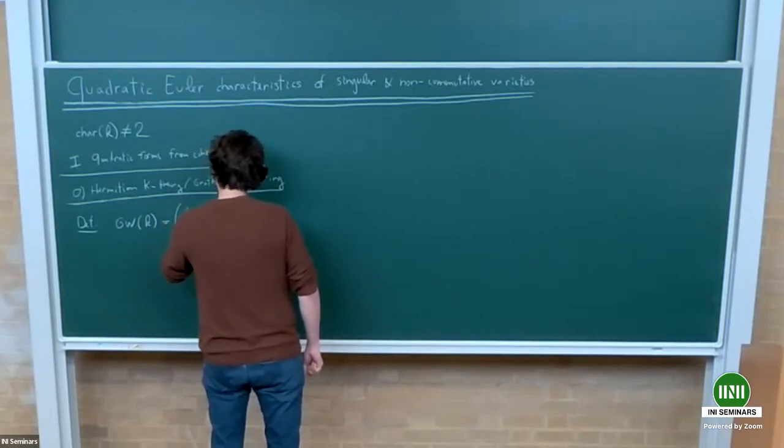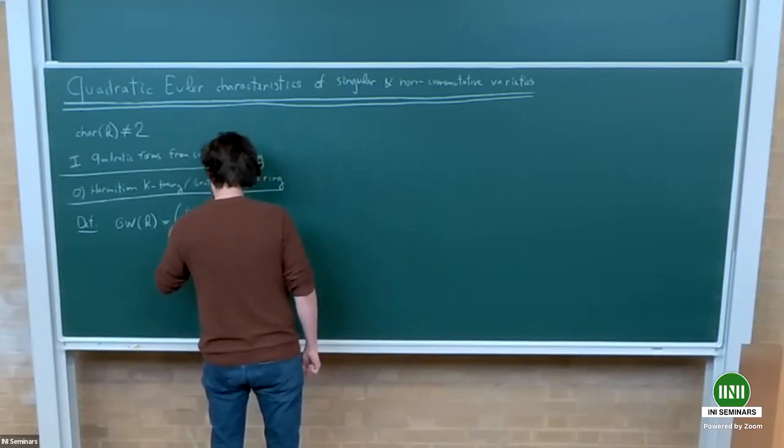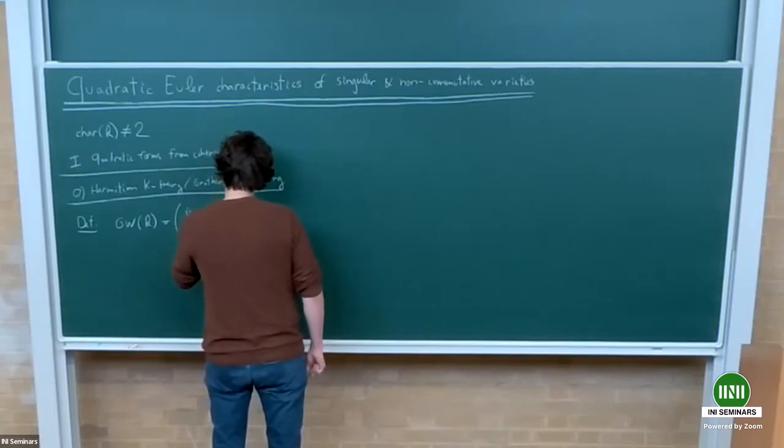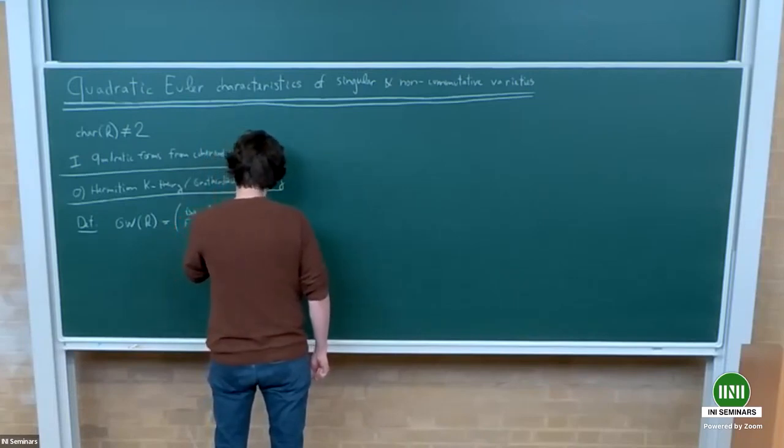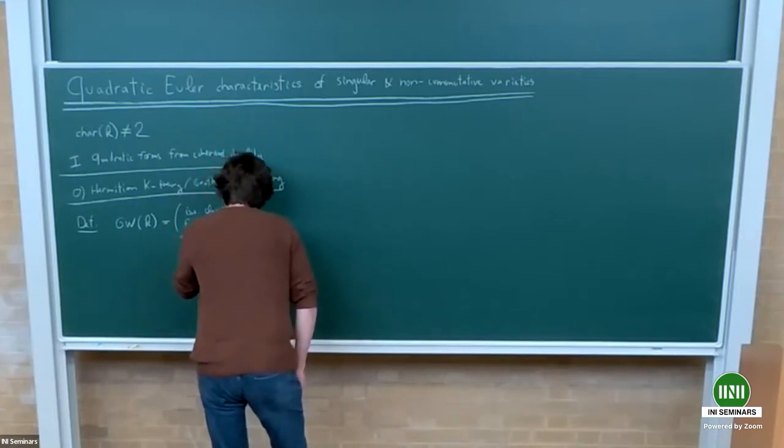I take the isomorphism classes of finite dimensional non-degenerate symmetric bilinear forms on K vector spaces.